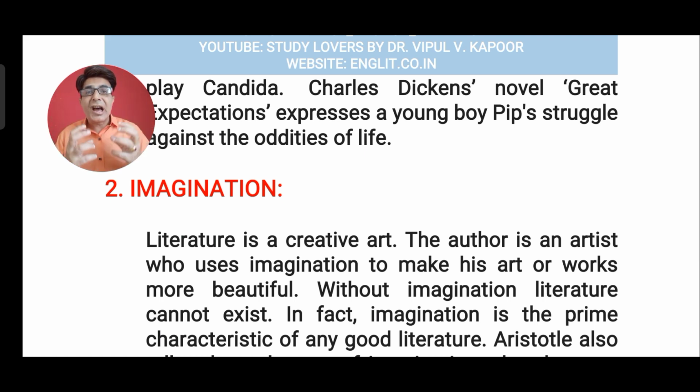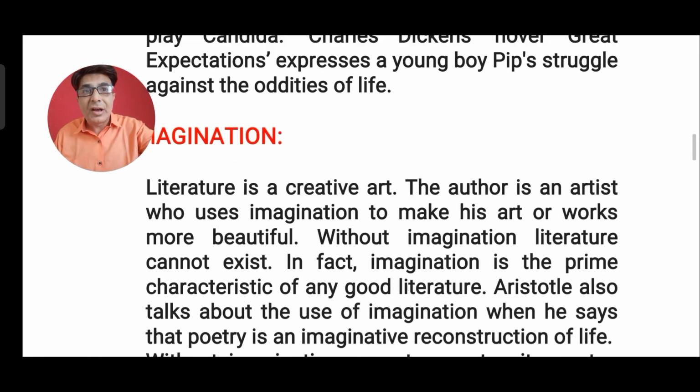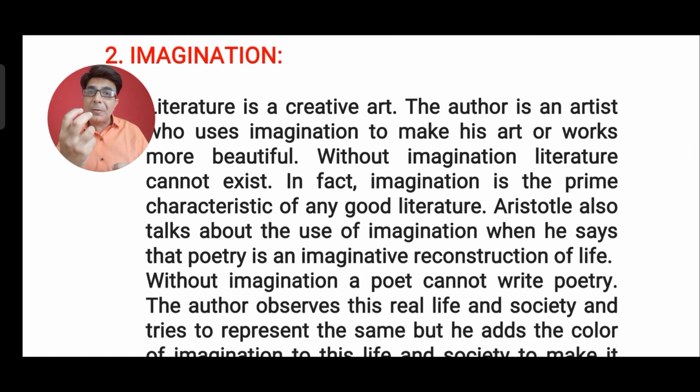He colors life with the help of his imagination, so that the life which is presented in literature looks more beautiful. Why? Because the author has used imagination in that. Without imagination, literature can never exist. Okay, so imagination is the most important element of any good literature.